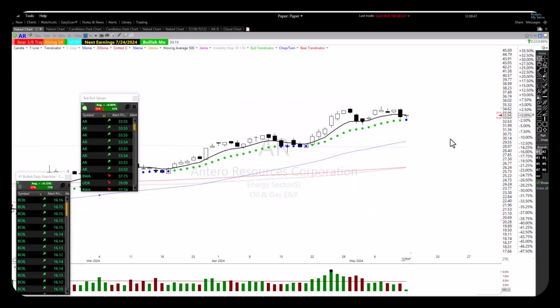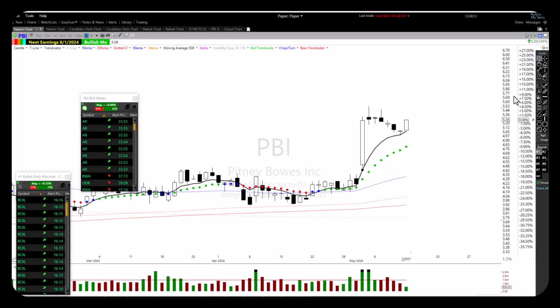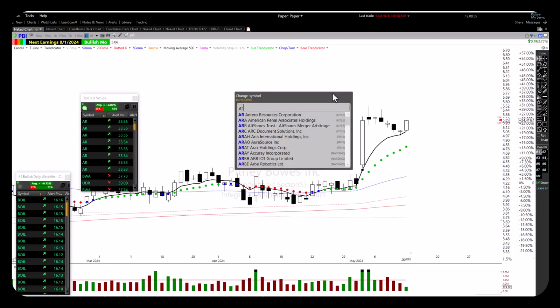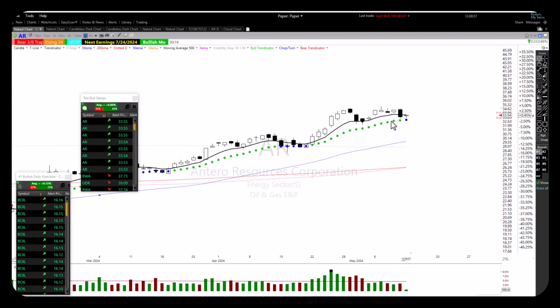AR, you know what? I'm going to go back. What was that? PBI. Yeah, I'm going to flag that. I kind of like that one. So take AR. There we go. AR. That is meeting any kind of a cloud setup that I want. Now, it doesn't matter whether I'm looking at something with the cloud in the background, or whether I'm looking for a chart that's just trending.